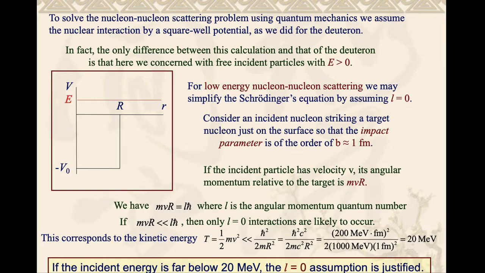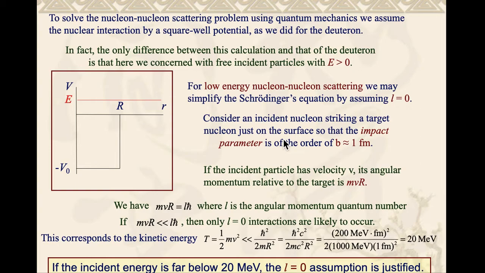In the deuteron case, the energy was its binding energy, so E was taken as minus B, a negative value. But here E is positive.